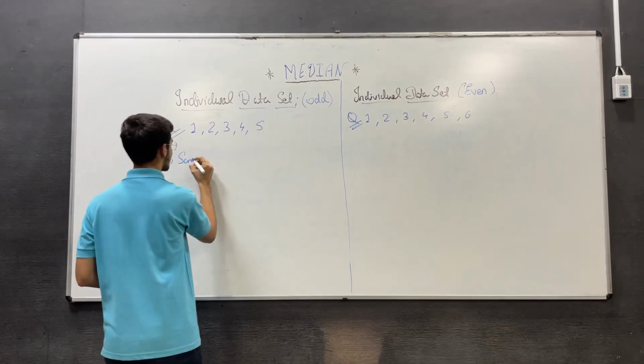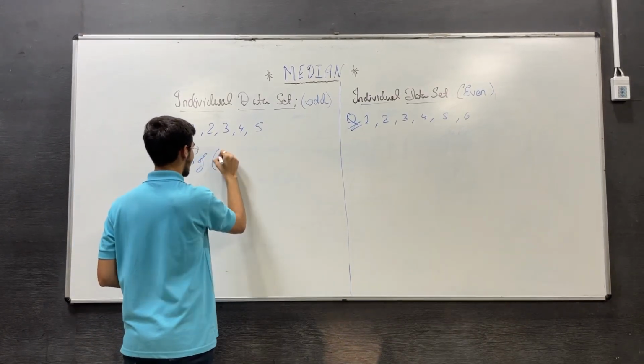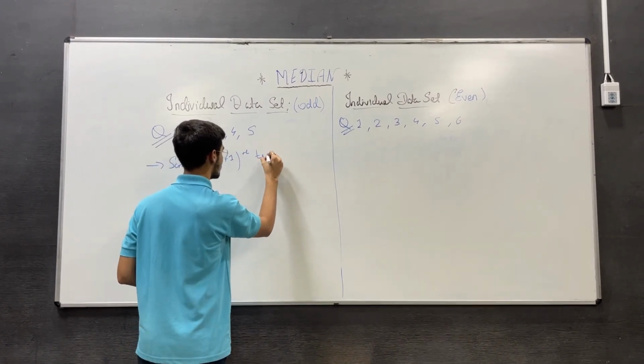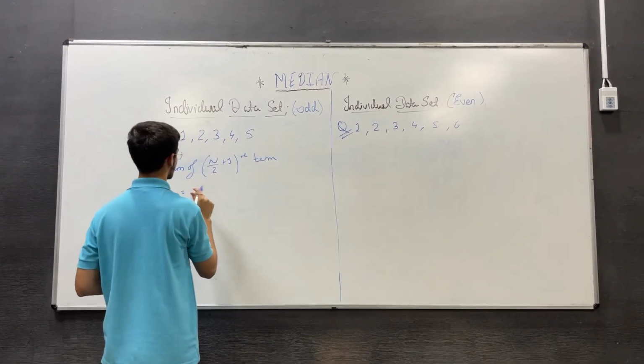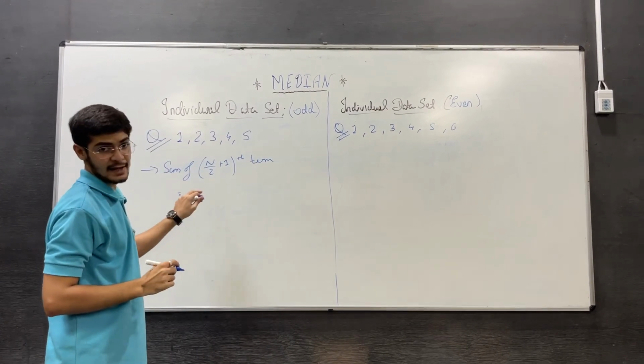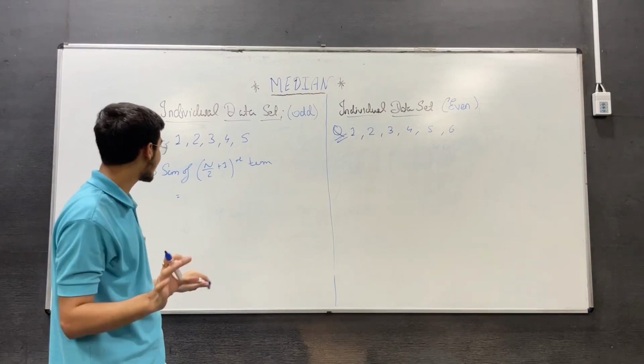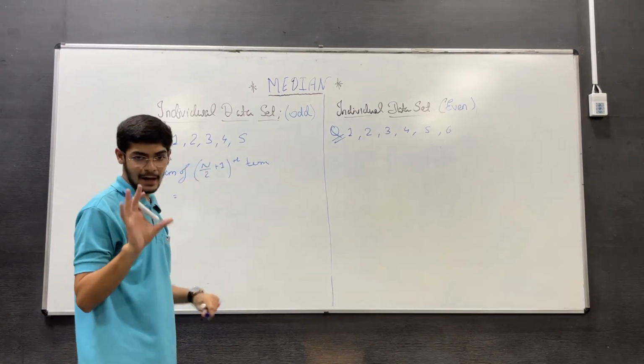For odd, the formula is the n by 2 plus 1th term. Now first let's see what n is. n is the total number of observations of the data set. Here we have a total of 5 observations.